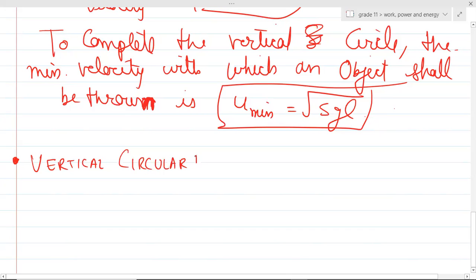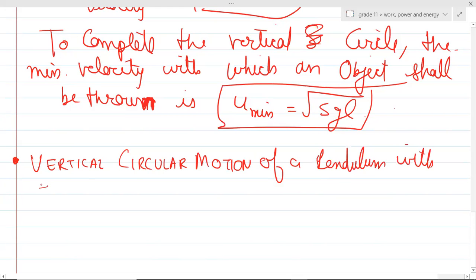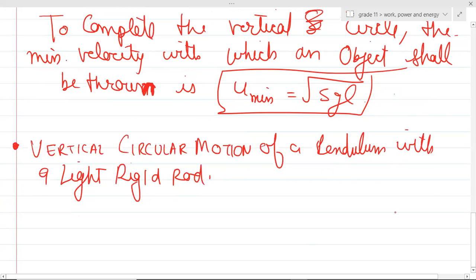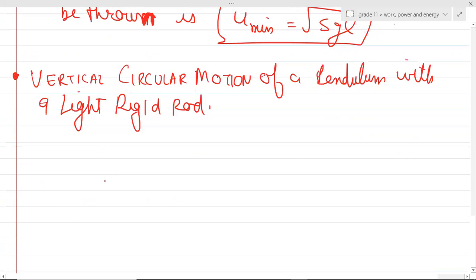So vertical circular motion of a pendulum with a light rigid rod. In spite of having the string, if I have a light rigid rod, what is the only difference over here? The only difference is basically I have replaced the string.